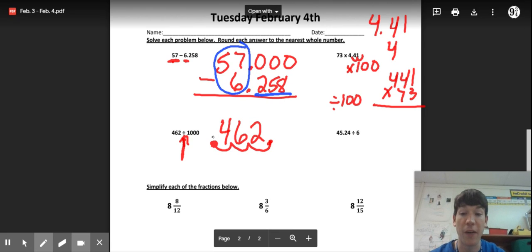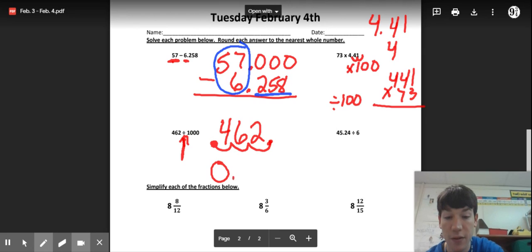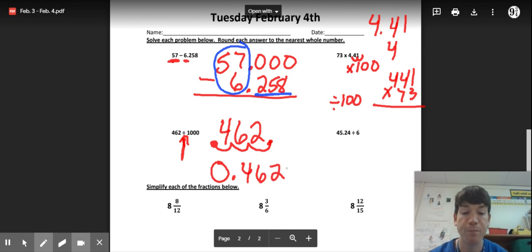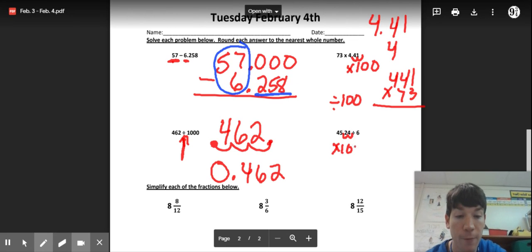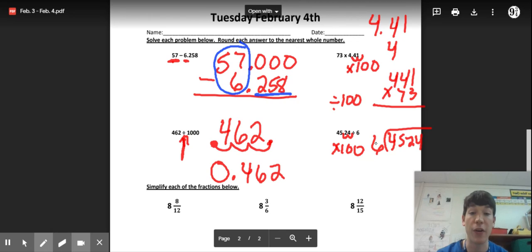There's going to be my final answer. 462 divided by 1,000 is... And lastly, 45 and 24 hundredths divided by 6. I'm going to move that decimal over 2 times, multiplying by 100. 4,524 divided by 6. And then just remember that you're going to have to move it back twice there in the end when you finish.